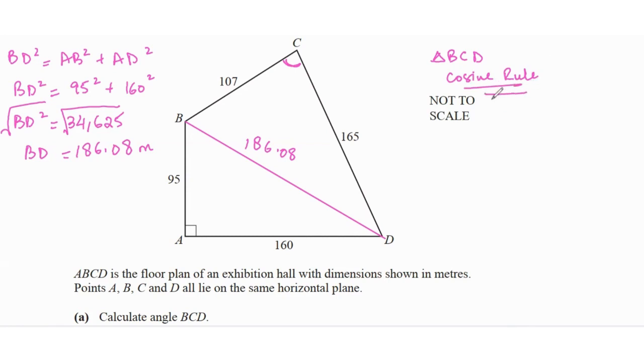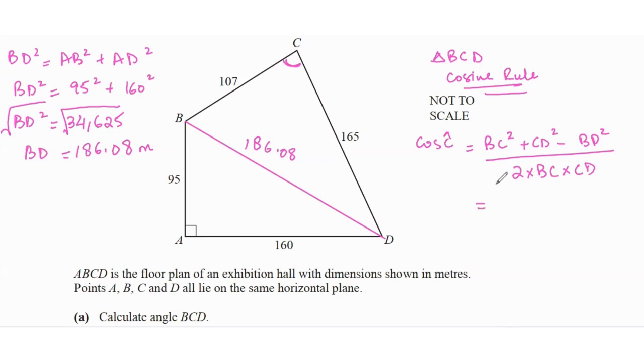Since all three lengths are given, we can easily find angle C. Our formula will be cos of angle C equals BC squared plus CD squared minus BD squared, divided by 2 times BC times CD.